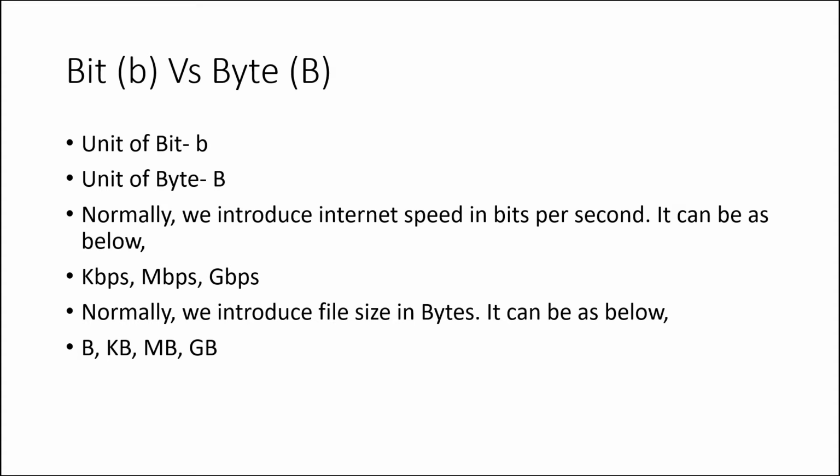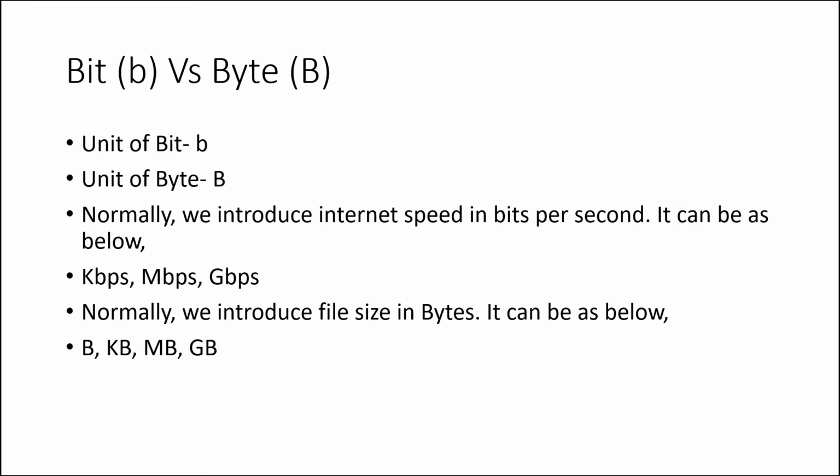If you notice one thing, they are giving the speed with simple b notation. It means they are not giving the speed in bytes. Okay, you must understand this difference. So we never talk about internet speeds in bytes, we talk about speeds in bits.